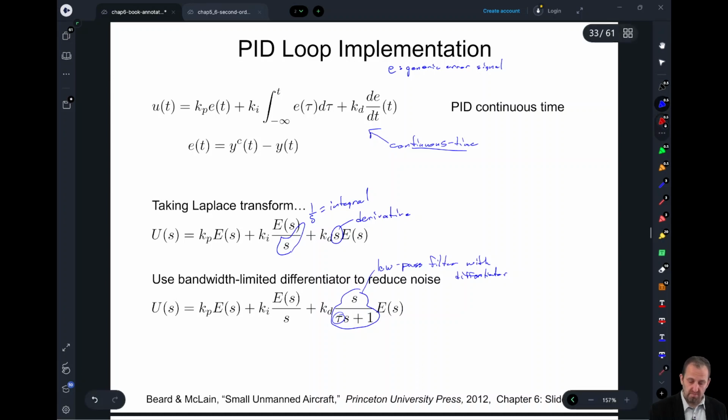One other note is that in the PD controllers we developed, we used a derivative that was one of the states.